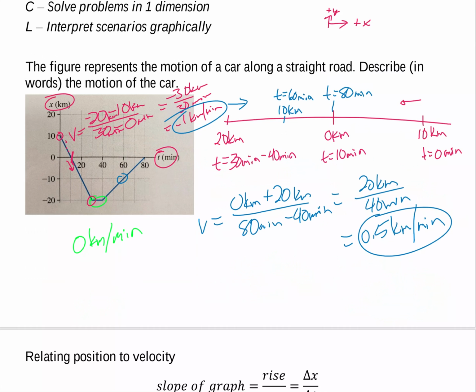Okay, so now in words, what is going on here? Moving to the left, or if we knew east-west, we could say to the west maybe. Moving to the left at negative 1 kilometer per minute. For how long, or for how far?